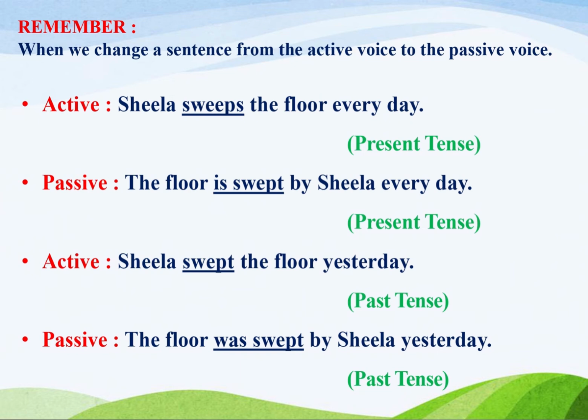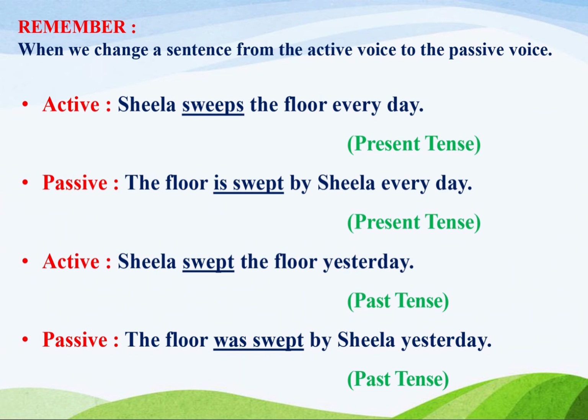Now we come to the past example. Sheila swept the floor yesterday. Since it is past, it will be converted into be and the third form of the verb. The floor was swept by Sheila. Let's take the next sentence. Sheila swept the floor yesterday.